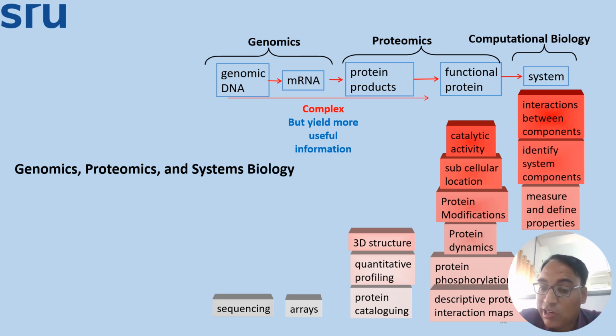Modifications mean post-transcriptional or post-translational modifications, all of which are going on and changing the function. We need to have a clear idea about everything, because it will change the protein expression or the protein function.